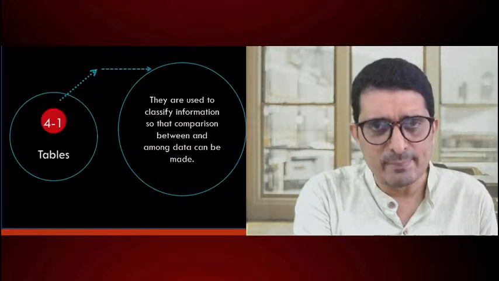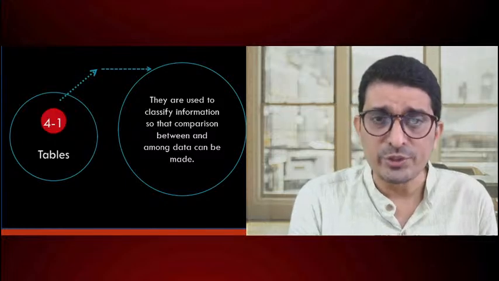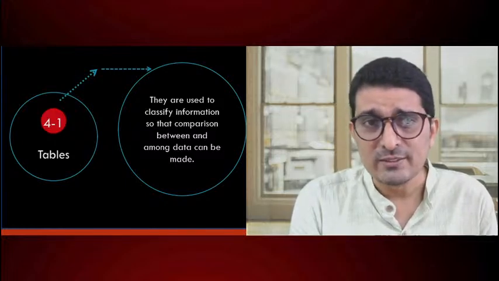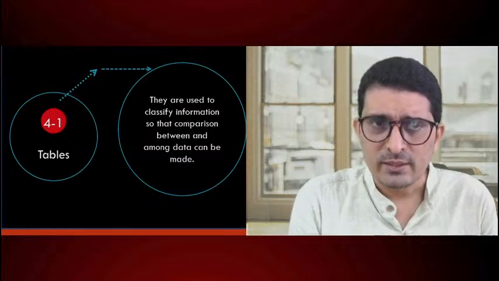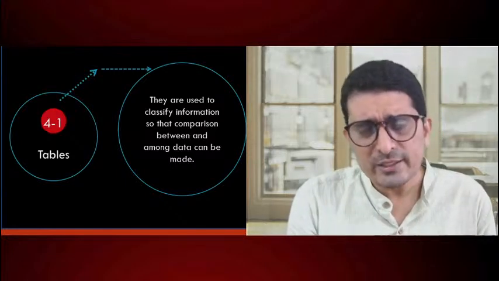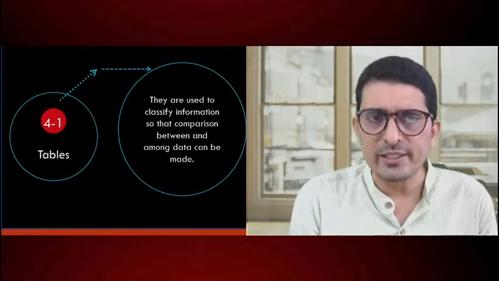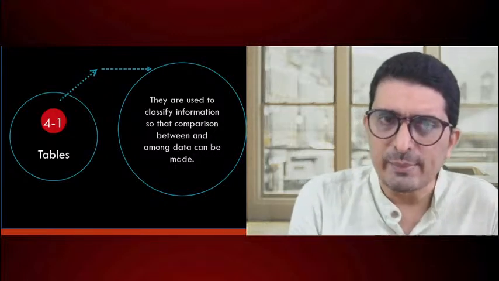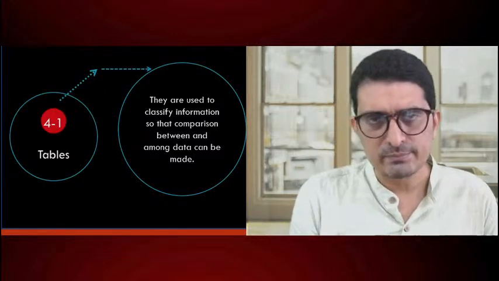First one is tables. There are different types of tables. We know that tables are used for classifying information. So we can compare and contrast between and among data given in the table.